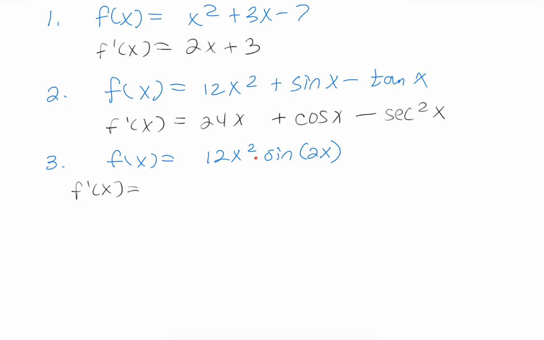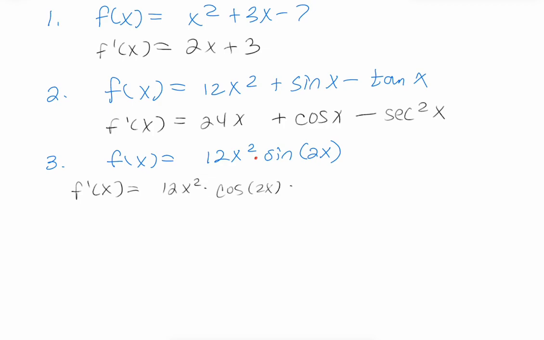let's go ahead and do our product rule. So it is the first times the derivative of the second. Now remember, the derivative of a sine is a cosine. So it has a function locked in it. So it is the cosine of the stuff times the derivative of the stuff. Some of you were trying to do the inner derivative too quickly.